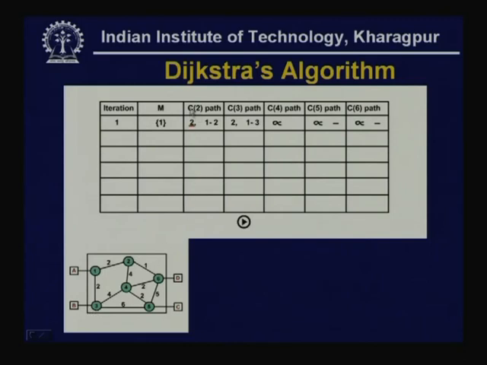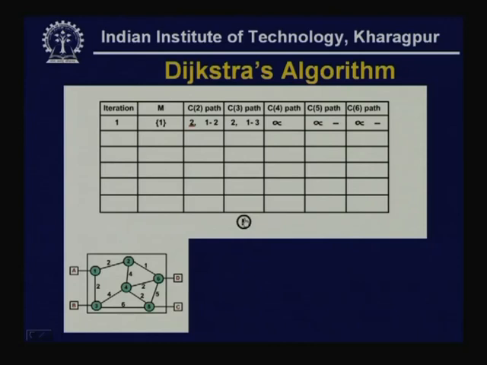The cost for the path from 1 to 2 is 2, and the cost from 1 to 3 is also 2. Since from 1 we do not know the cost for 4, 5 and 6 right now, these are given as infinity. So there is no path to 4, 5 and 6 and the cost is infinity in the beginning. This is after the first iteration.